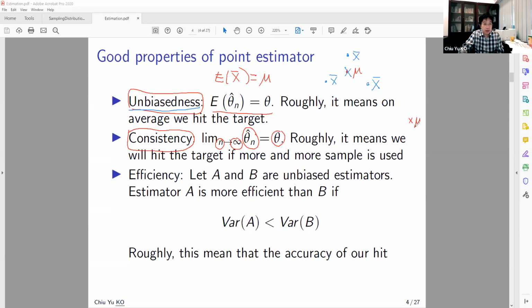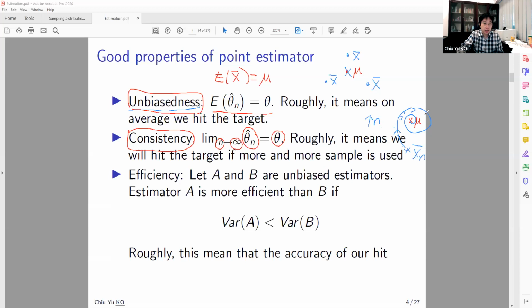So this is the mu, what we want to estimate. Okay? And this is x bar. Eventually, I don't know how it goes, but as n increases, it will be going closer and closer and closer and closer. At the end, you reach the mu, okay? So here as you increase n, this is the path.